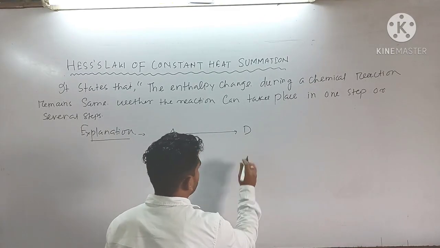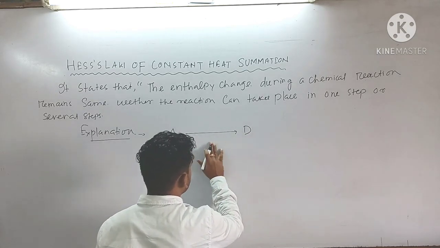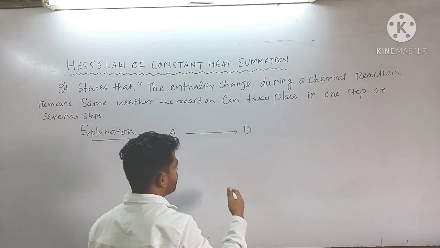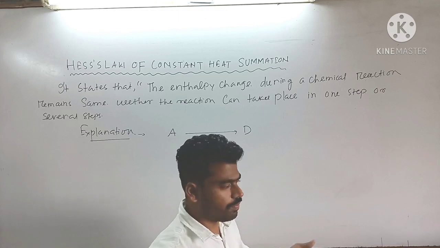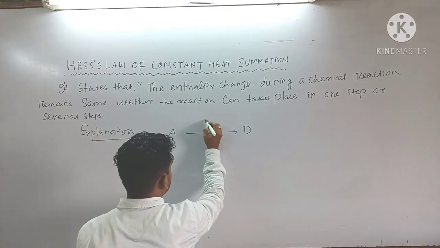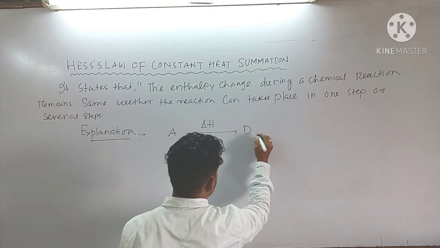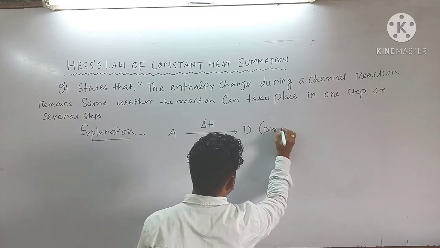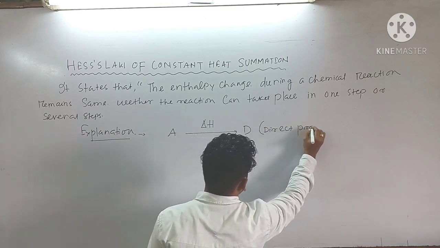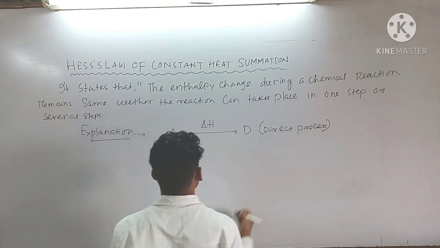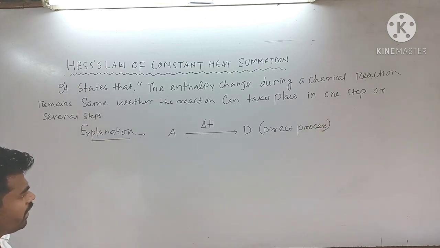Let's say the enthalpy change, whether the amount of energy absorbed or evolved, that is enthalpy change, that is, let's say, del H. This one is the direct process. Is that clear?